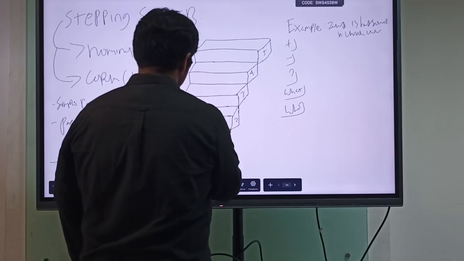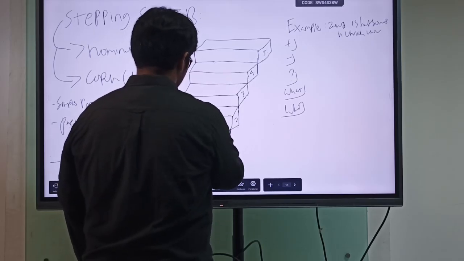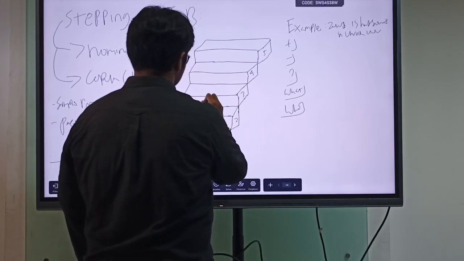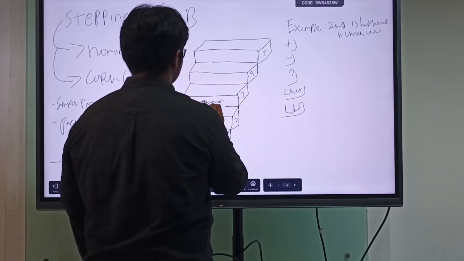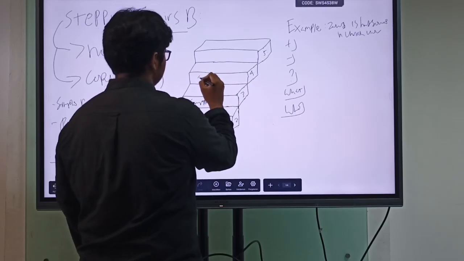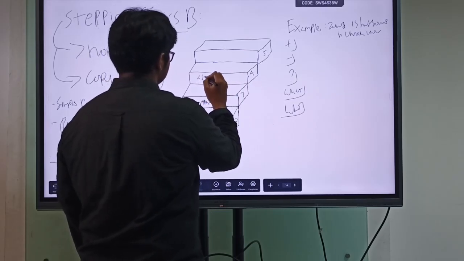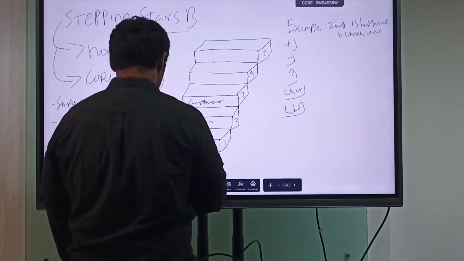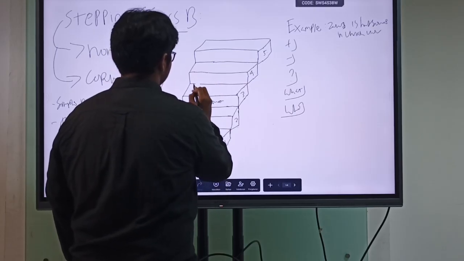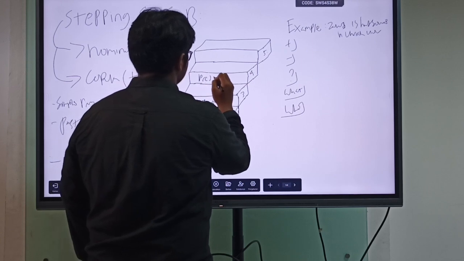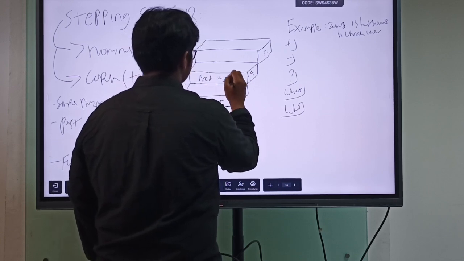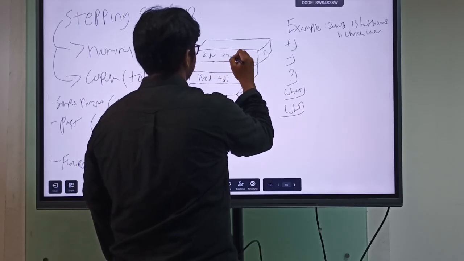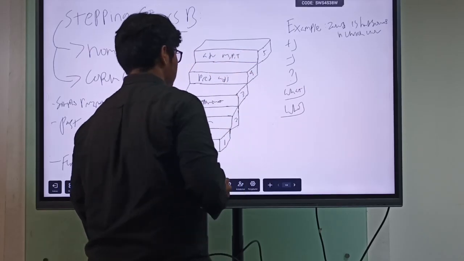Step two has a copula, step three is the complement, step four is the predicate adjective, and step five is for the verb.